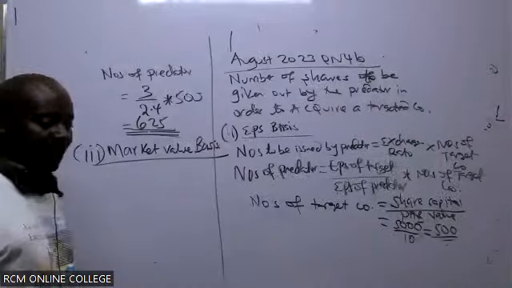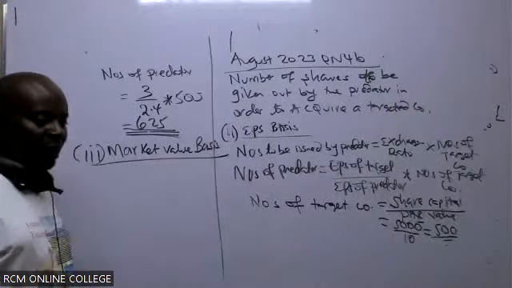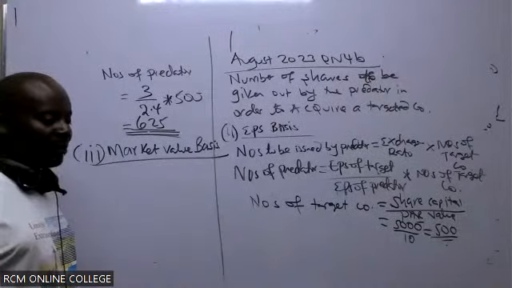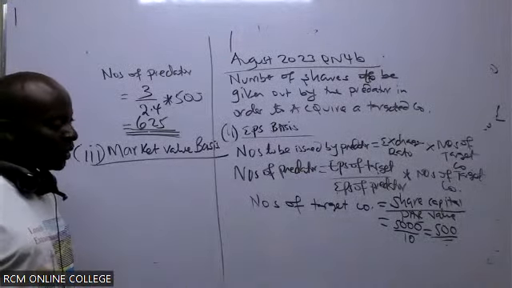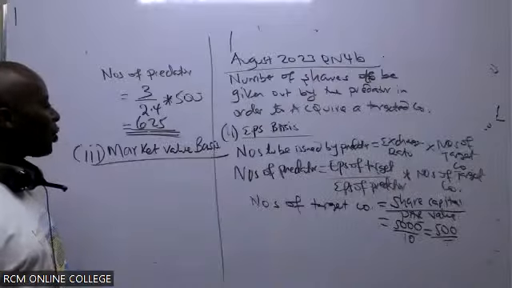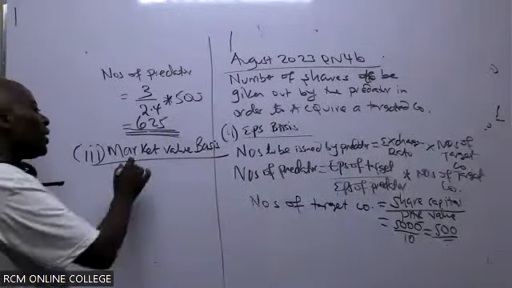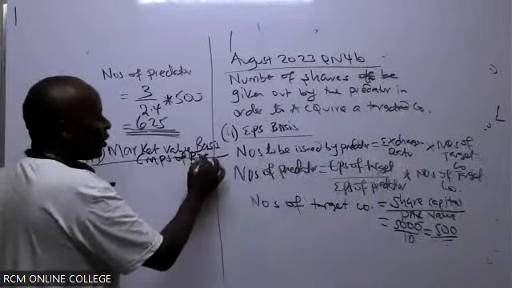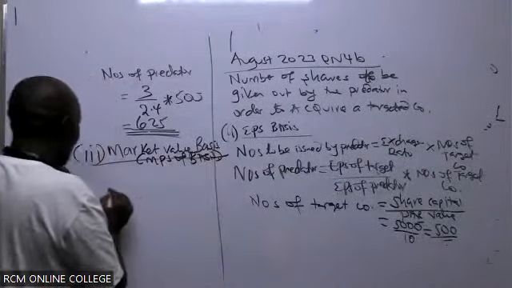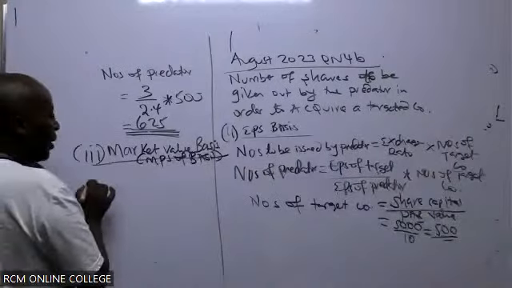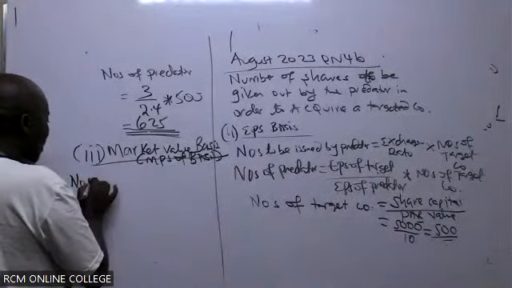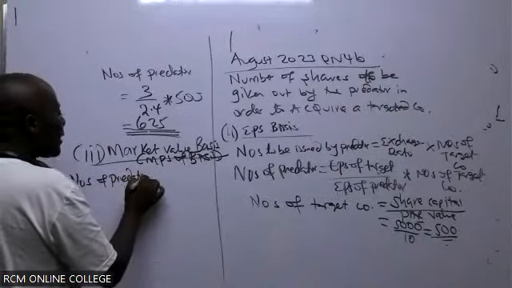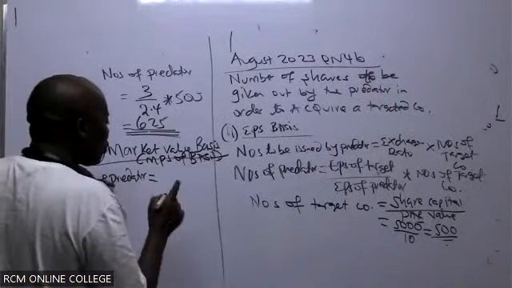So market value basis. Nancy must have missed a couple of sessions in this. Market value basis is also known as MPS basis. So in this case, to get the number of shares of the predator, the exchange ratio will now be on the basis of MPS.